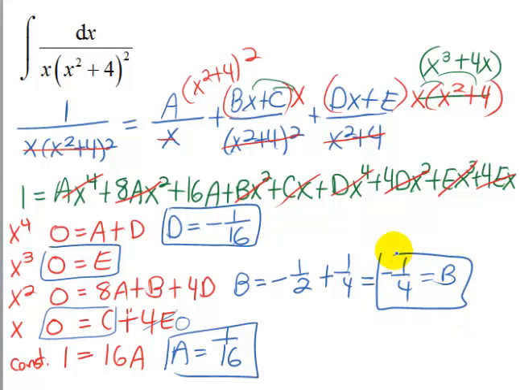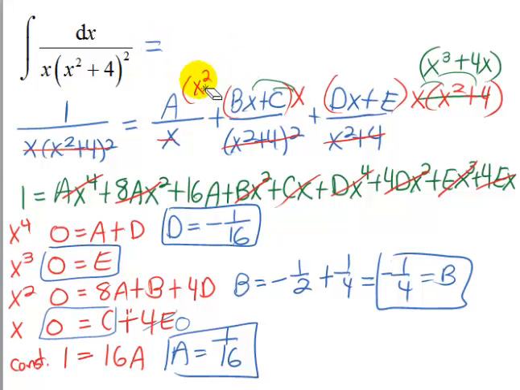Now that we have all the pieces, we can go up here and we can write the partial fractions. I'm going to get this out of the way so I've got room to write that. And so A was 1/16, so I've got 1/16 over x.